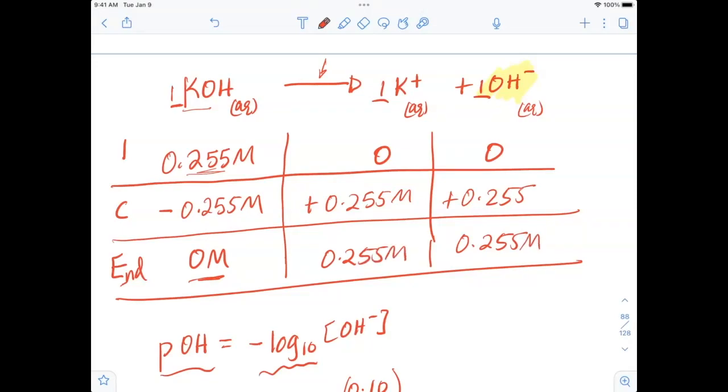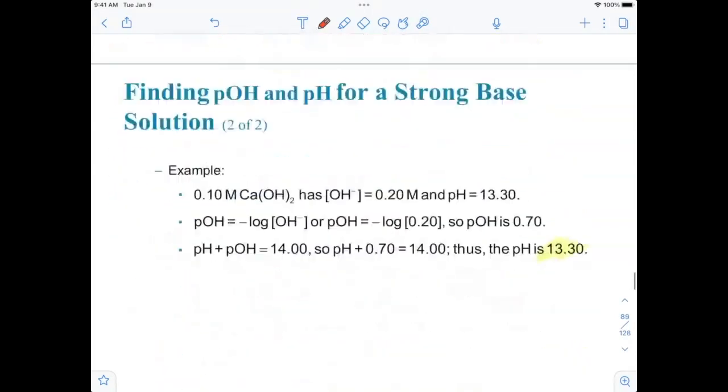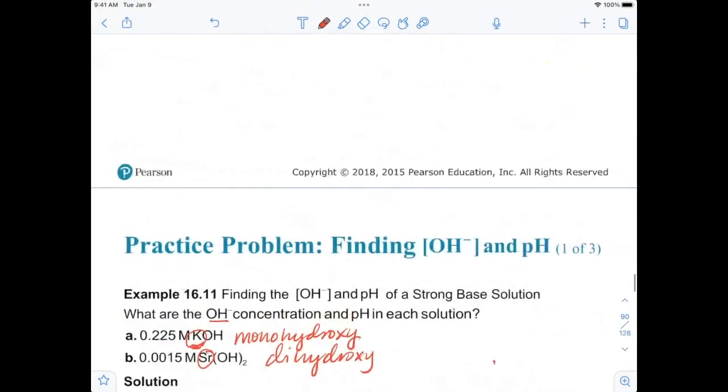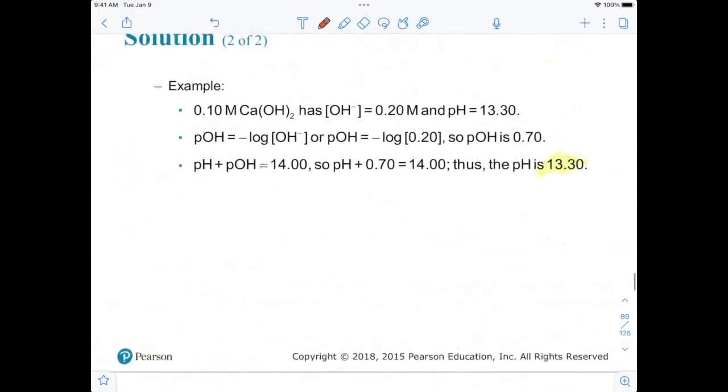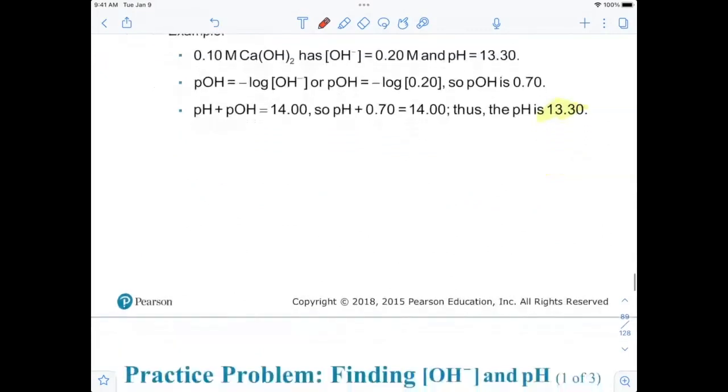Okay, let me make sure I copy the right numbers. Okay, I need to capture this part. Give me just a moment.